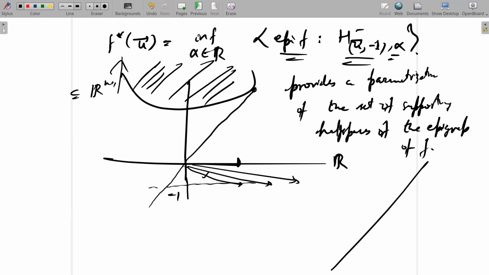For example, vertical lines are not allowed. This quantity cannot be equal to 0, since that would mean that your half space is vertical. Those we don't really consider as supporting half spaces, although for convex bodies generally we would. But here, for convex functions, we want to avoid these vertical lines. So first of all, this need not be positive, it just has to be non-zero.